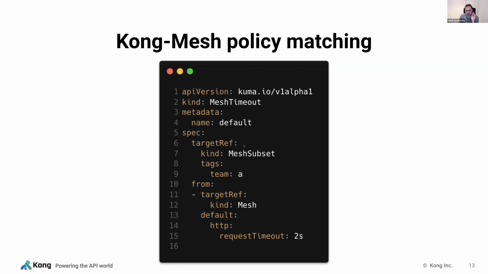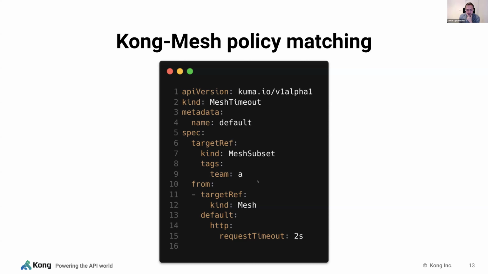So now we apply this configuration on those proxies with tags team A, and we say that from, and again, we have a target ref of kind mesh, which means that from any traffic in the mesh, we apply the request timeout of 2 seconds, right? We could say, instead of mesh, mesh service and so on.